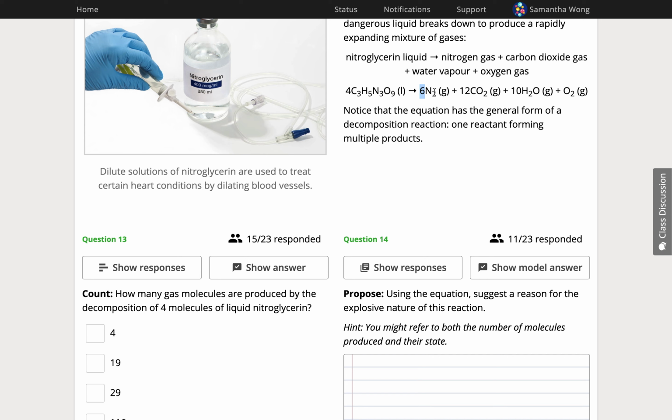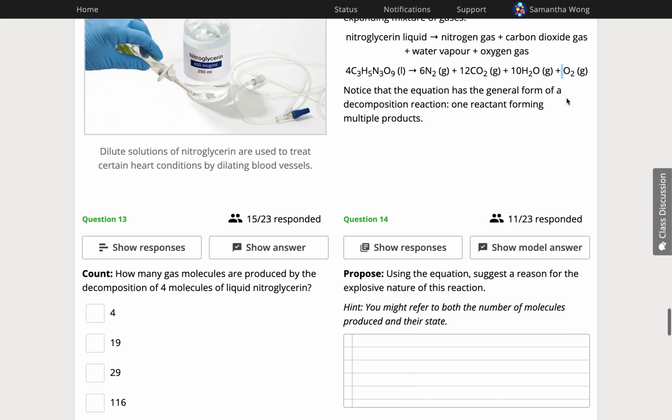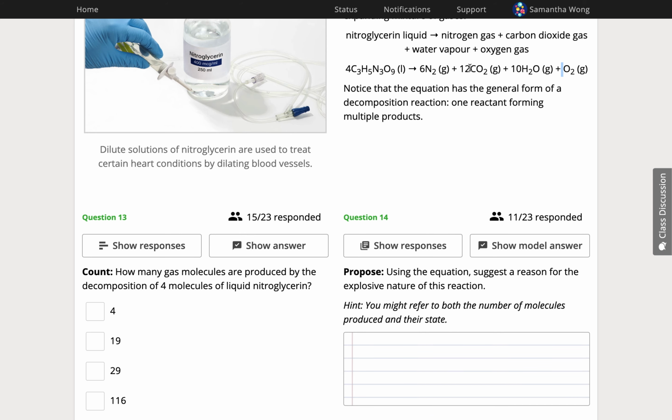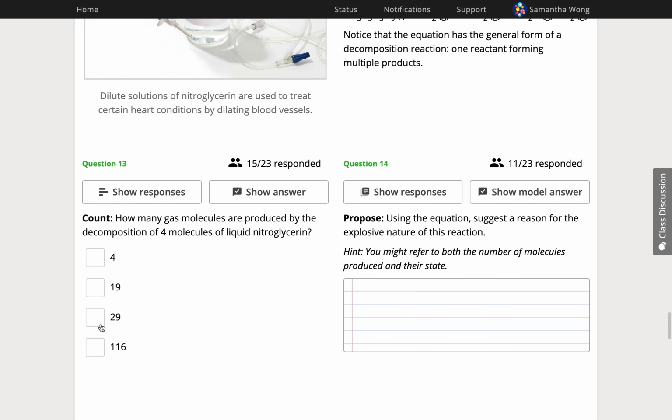So we've got 6 for the nitrogen, plus 12 for carbon dioxide, so that's 18 so far, plus another 10 for the water, so that's 28, plus there's a 1 in front of this oxygen because there's only one lot of it. So we said there was 6, 12, 18, 28, 29 molecules of gas. 29 gas molecules are produced.